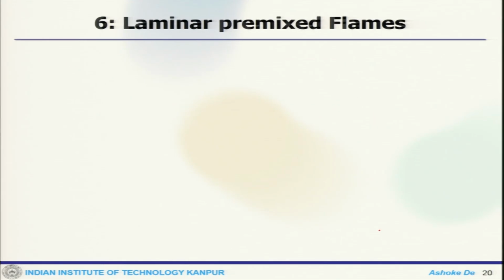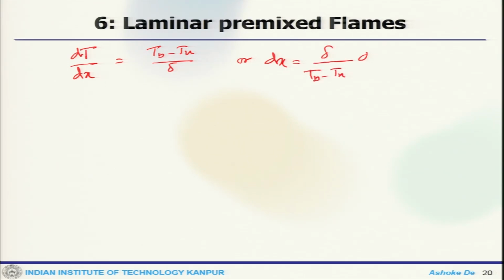So, dT by dx was (T burned minus Tu) by delta, or dx is delta by (Tb minus Tu) dT. Now, we switch these things.